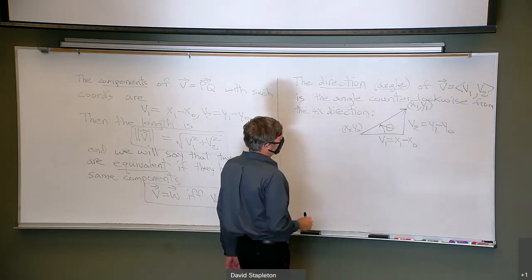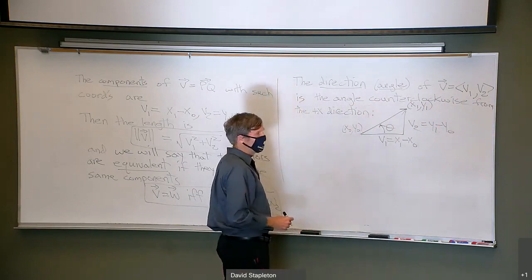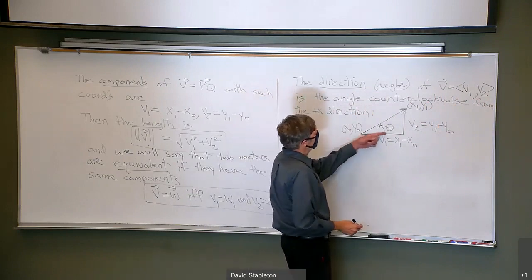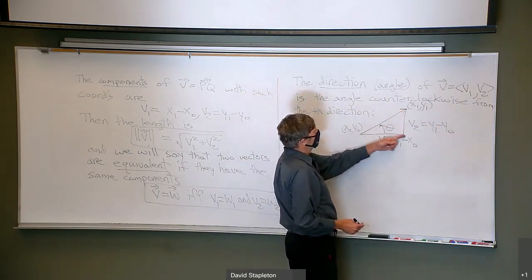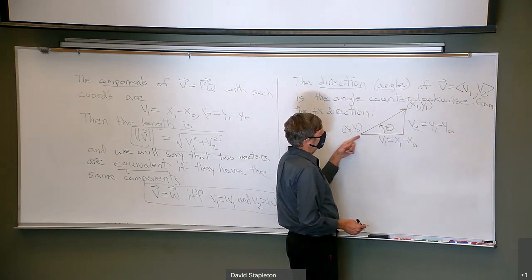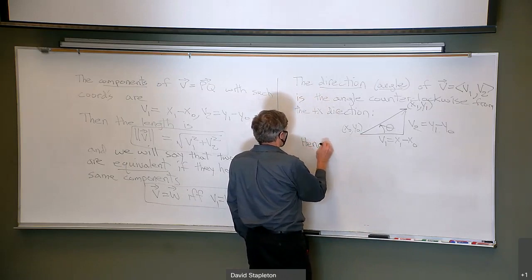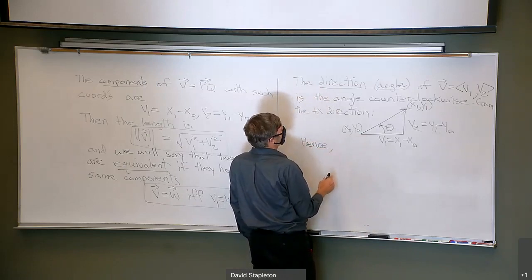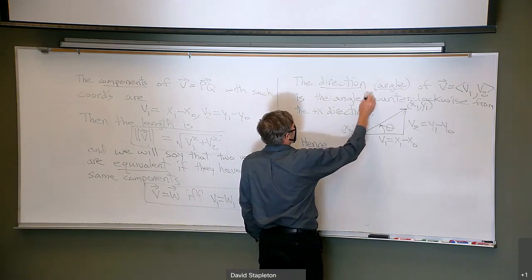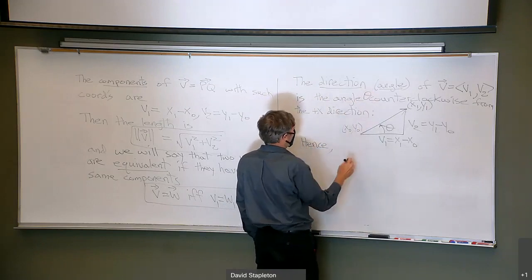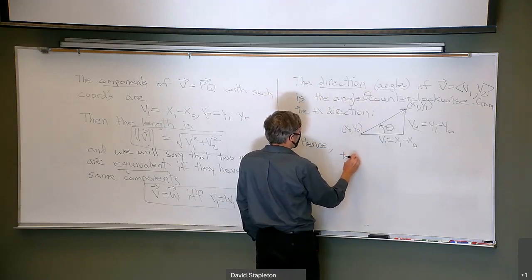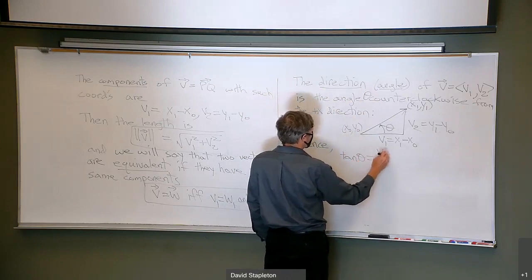So there's the picture, and how will we compute that then? Well, from trigonometry, the tangent of theta is opposite over adjacent. And so we could say that the direction angle, let's call it theta, the angle theta counterclockwise, satisfies tangent theta equals v2 over v1.